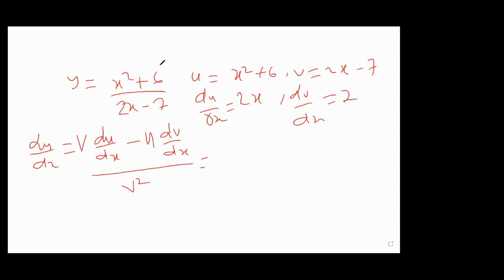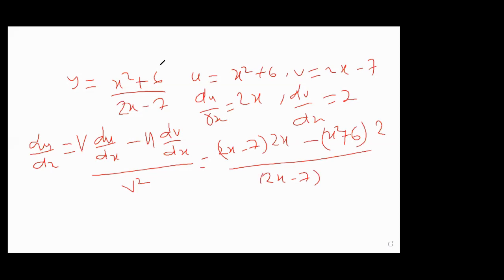Our v is 2x minus 7, du dx is 4x, u is 2x squared plus 6, and our dv dx is 2, all over v squared, which is 2x minus 7 all squared.